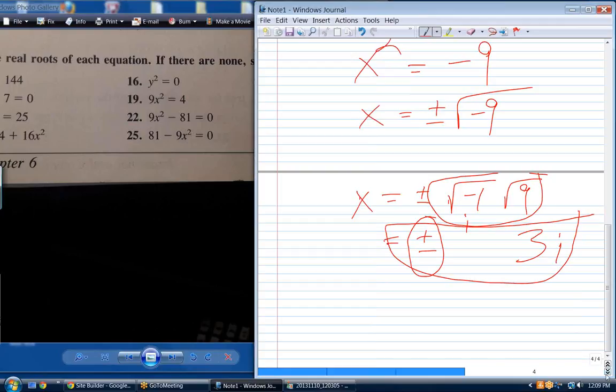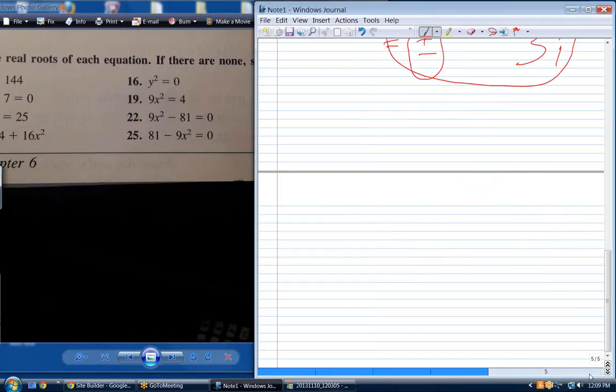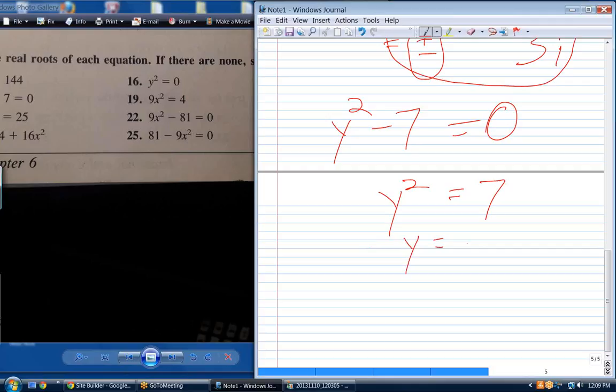Read 18 to me. y squared minus 7 equals 0. Okay, what's the next line? It'd be y squared equals 7. And the next line. y equals plus or minus square root of 1 and square root of 7.